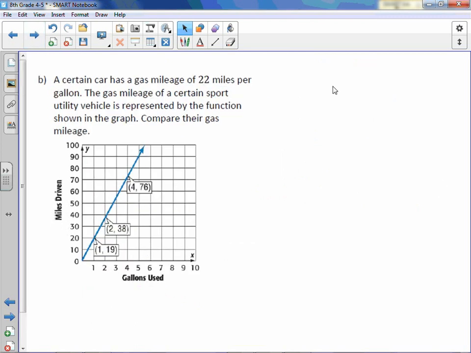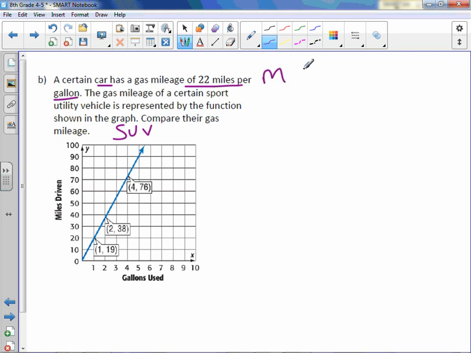Letter B. A certain car has gas mileage of 22 miles per gallon. The gas mileage of a certain sport utility vehicle, or SUV, is represented by the function shown in the graph. Compare their gas mileage. So this is for the SUV, and this is for the car. Again, let's find the slope.